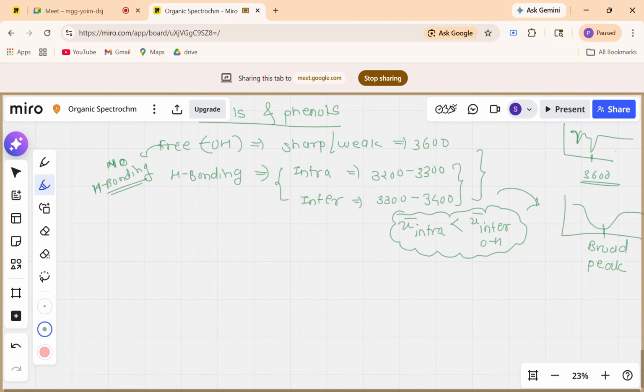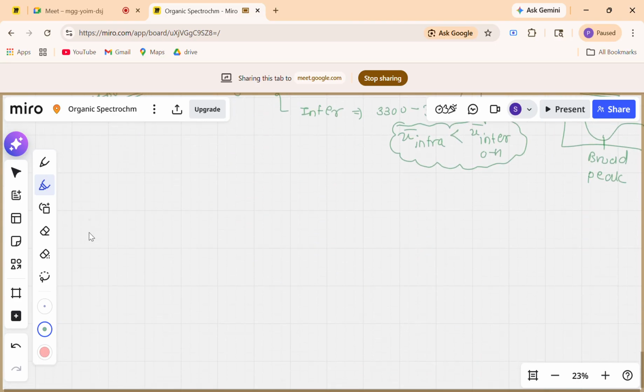Otherwise, mostly you will observe a broad peak in the region of around 3200 to 3400 if there is hydrogen bonding present in the molecule. Okay, then you will observe a broad peak in your IR spectra.